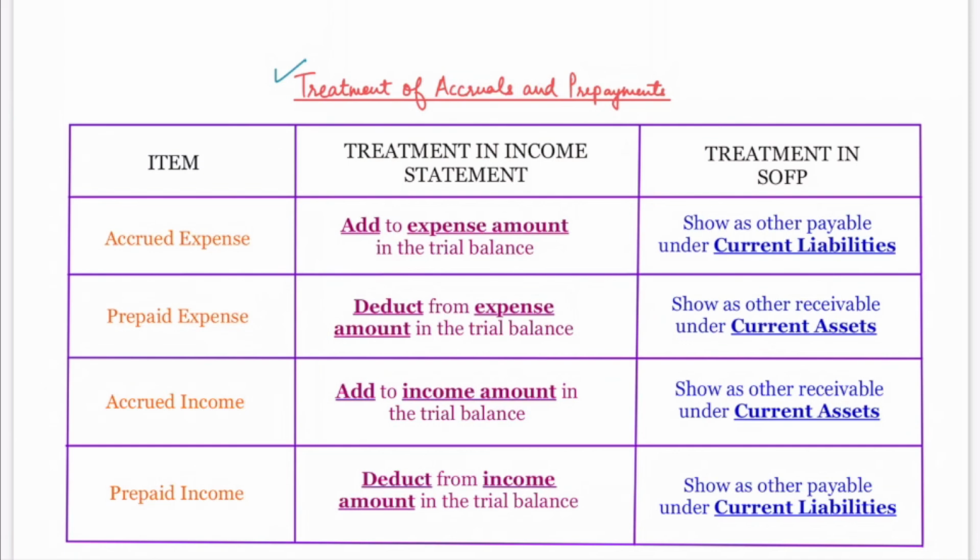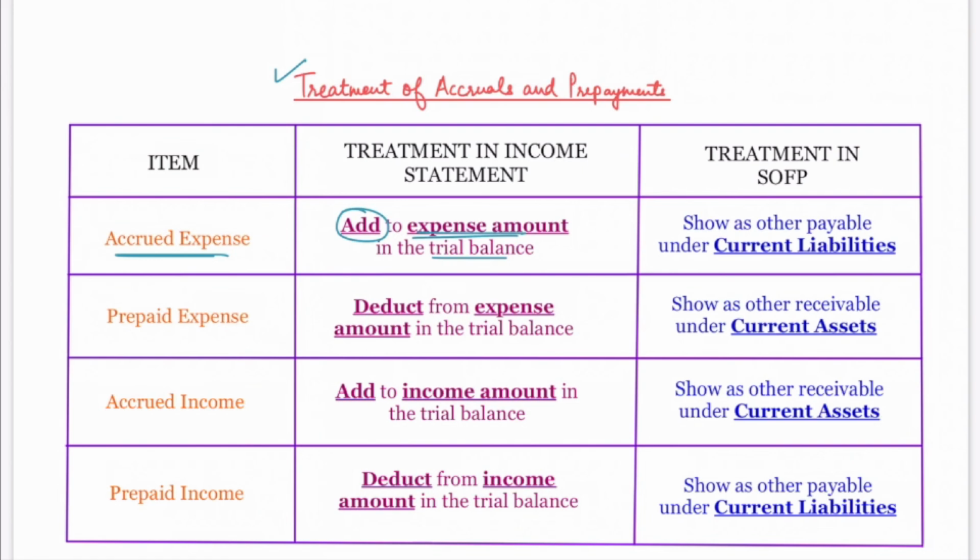Okay, now let's see the treatment of accruals and prepayments. First, accrued expense. For accrued expense, you add it to the expense amount in the trial balance. For example, you have an unpaid electricity bill as an accrued expense, and the electricity has been consumed but not paid for. Let's take some amounts. You have a bill of $1,000 and there is $100 of unpaid amount, that is in arrears.